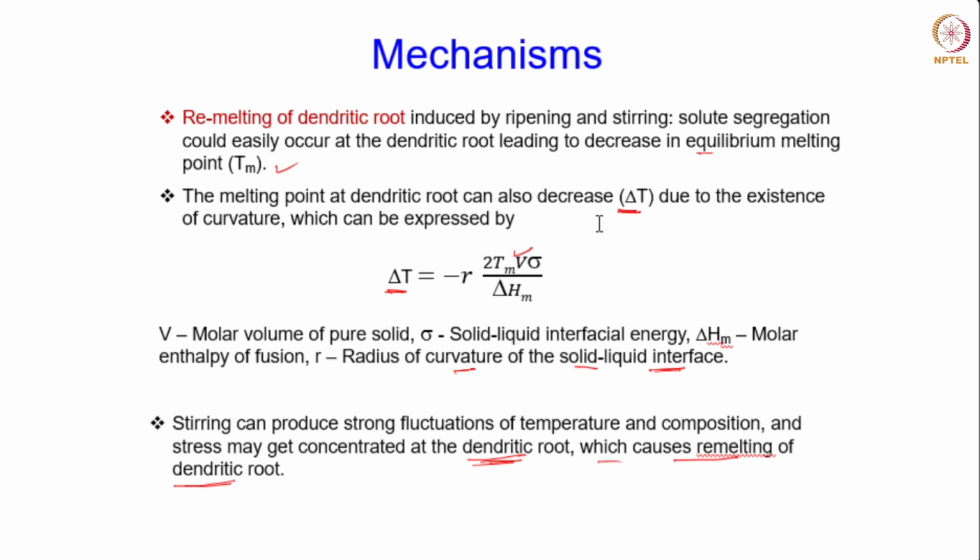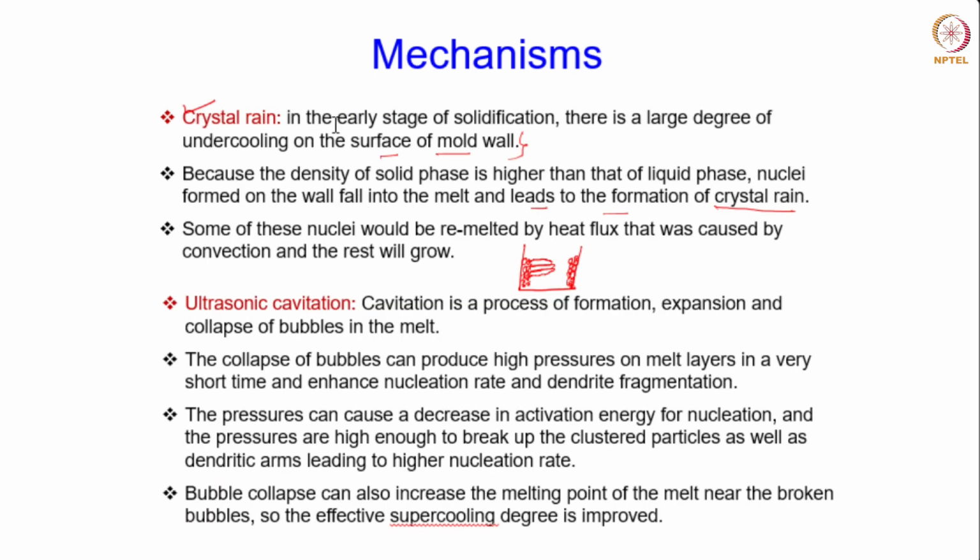It also creates a curvature which develops a pressure on the solid-liquid interface, and all these ultimately lead to the melting of the dendrite roots, leading to their detachment. And then we talked about crystal rain, which is basically the nuclei formed on the mold wall getting detached and dispersed into the liquid metal, leading to more nuclei in the melt.